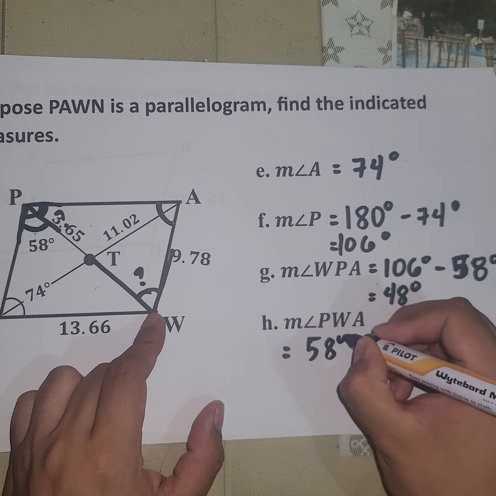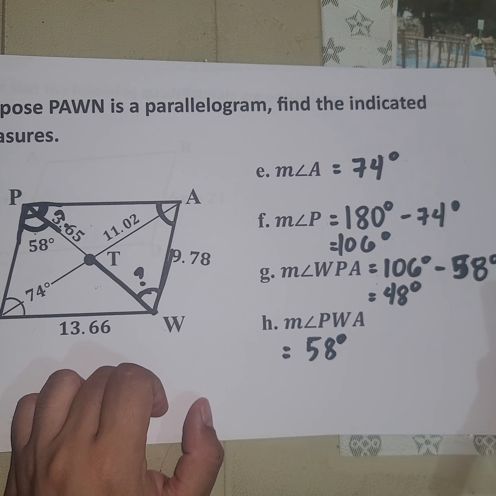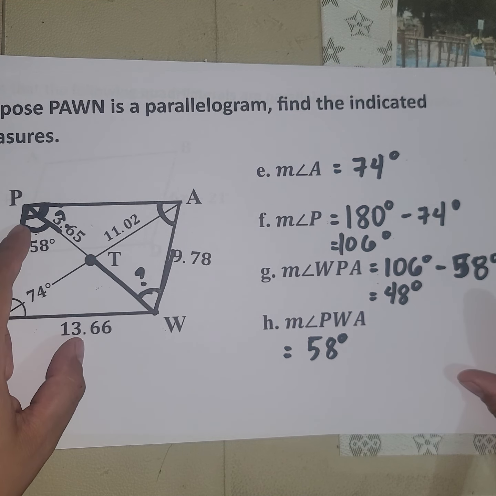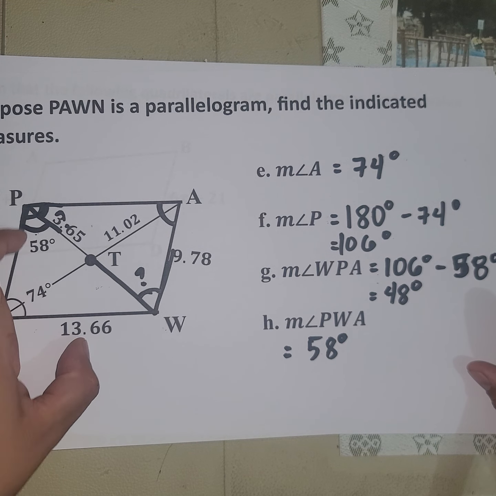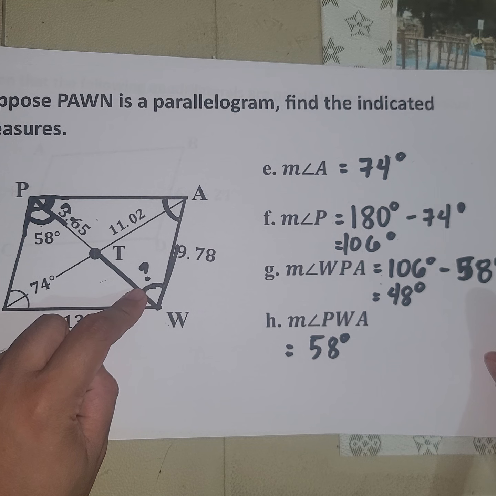So, why is it 58 degrees? You can apply the theorem from parallel lines cut by a transversal. This angle here, NPW, and PWA are alternate interior angles.